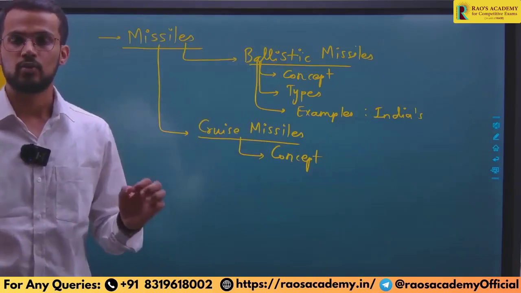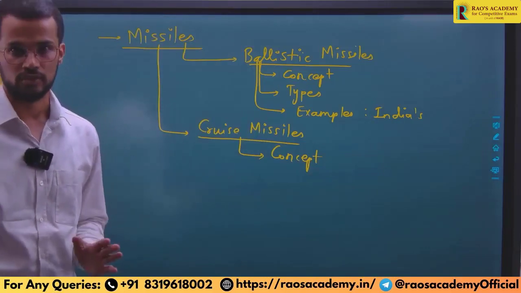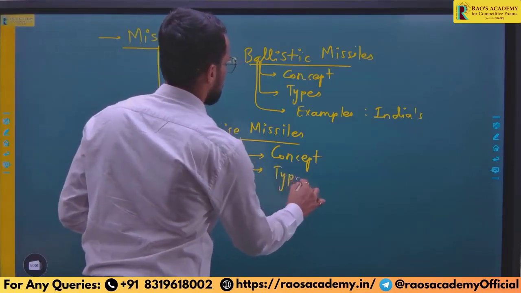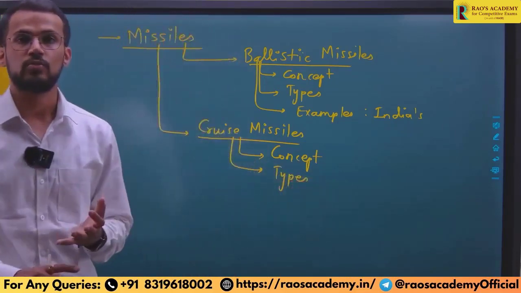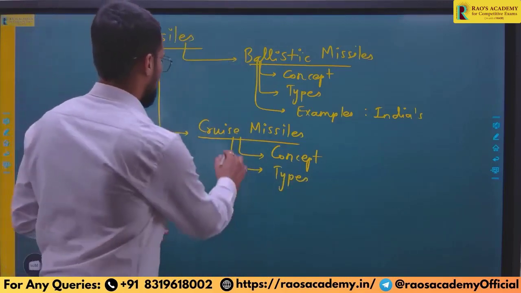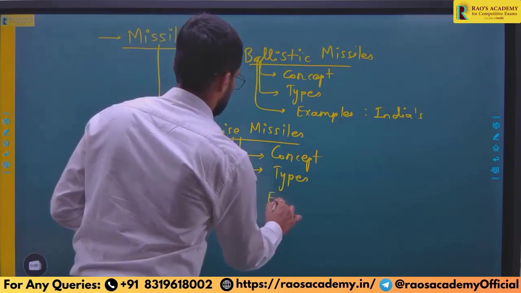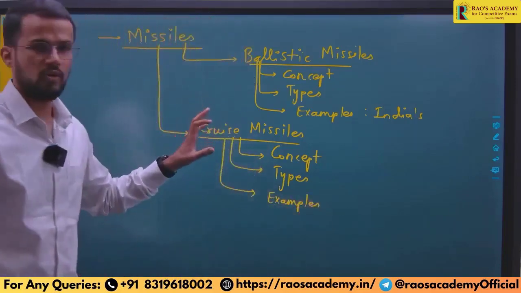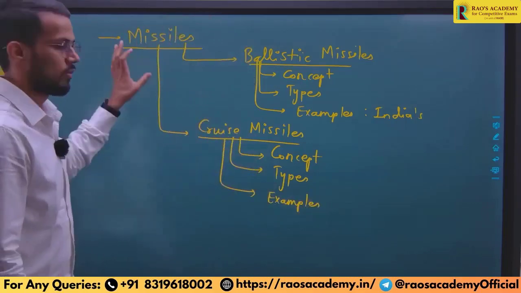They are powered towards their target using jet engines. Then types. There are types of cruise missiles based on their speed: subsonic cruise missiles, supersonic cruise missiles, and hypersonic cruise missiles. And then their examples. Right, so this kind of approach should be there for missiles.